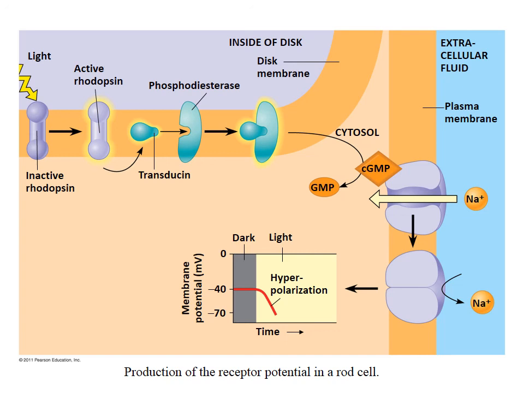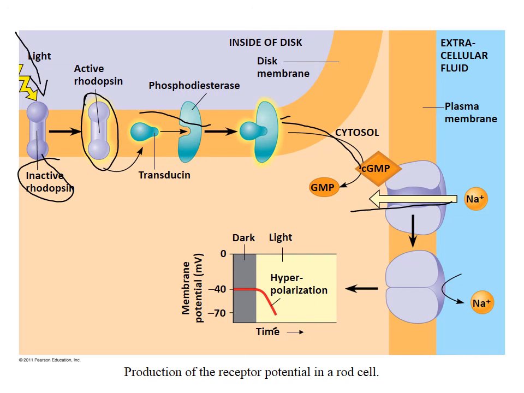So it's again just a matter of an action potential. So we have light falling on an inactive rhodopsin molecule. The rhodopsin is going to get activated. The signal is going to be transduced by an enzyme, and this is inside the disc, and then it's going to go into the cytoplasm, where sodium ions are going to rush on in, and you get hyperpolarization.